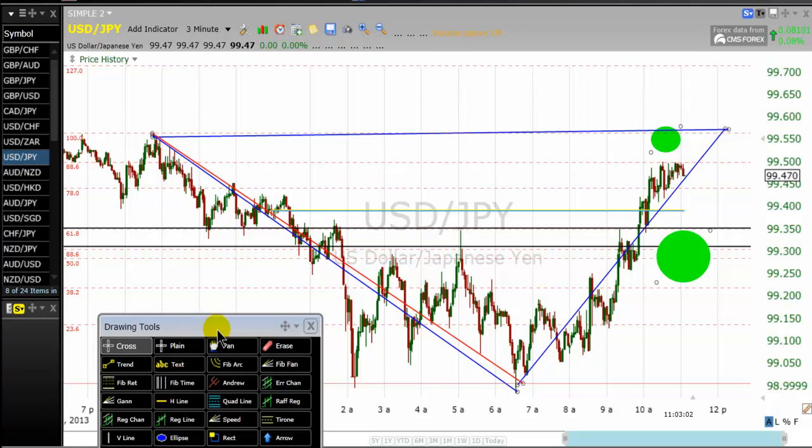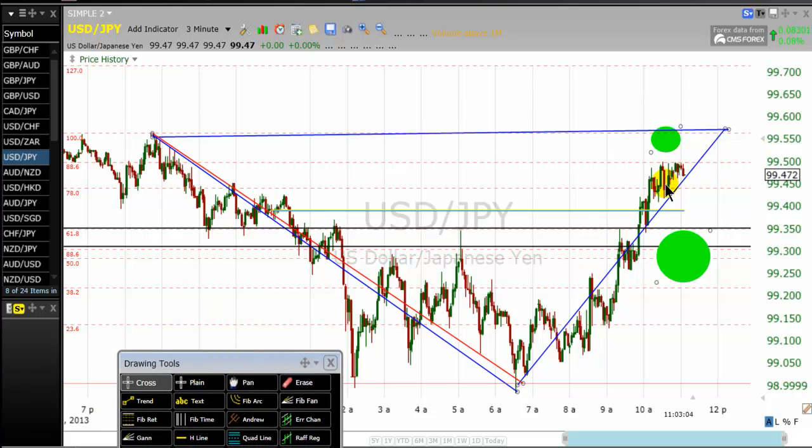So that's why I want to sell it, but I'm not happy to sell it here. I would prefer it to push up to this green spotlight, then I will sell it, and if it's coming down and reaches this zone, I will take my profit. But after the price reaches this level, there's a high chance.